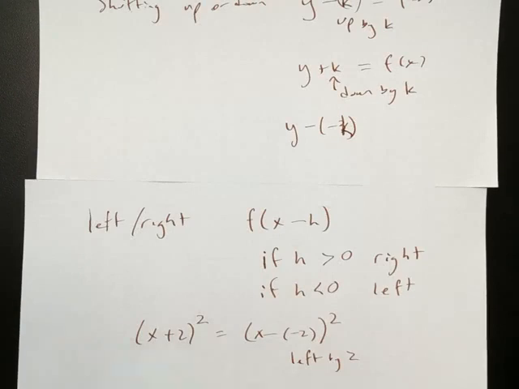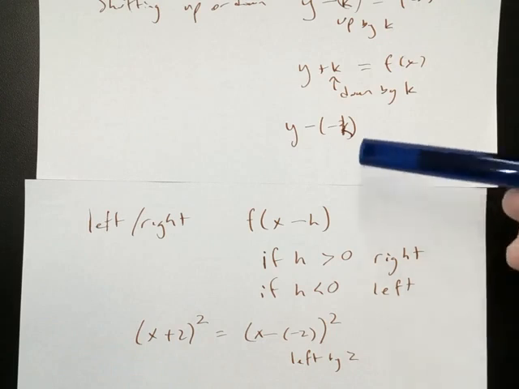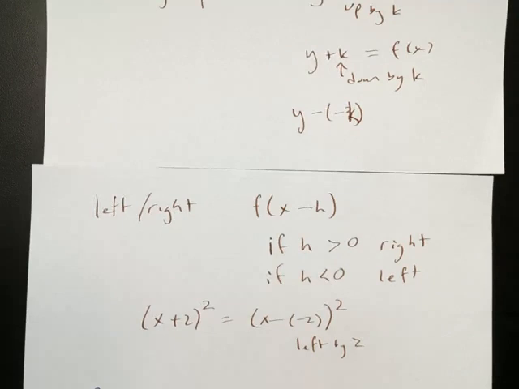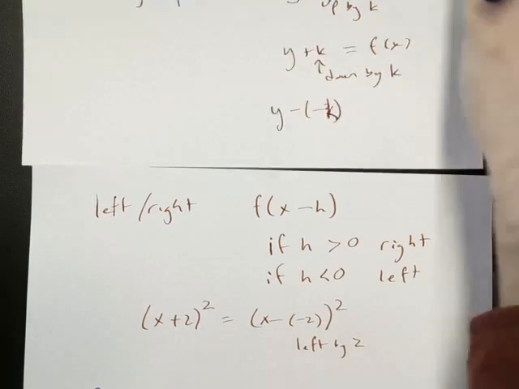So here's my shortcut. I can move my equations left, right, up, down by switching out y for y minus a number and switching out x for x minus a number. Hang on a second. We had the equation for a parabola in general, right? We either wrote x squared equals 4py, or we wrote y squared equals 4px.